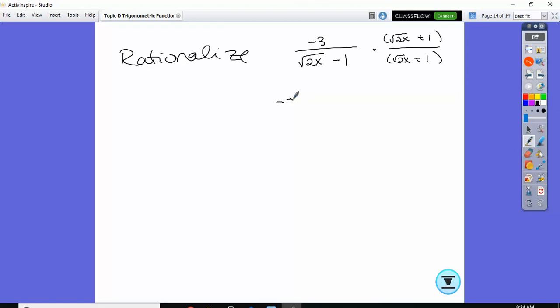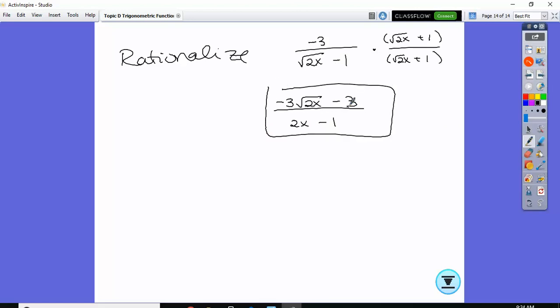You don't have to. I don't really care. So we get -3 radical 2x minus 3. On the bottom, if we FOIL, we get square root of 2x squared, so that radical drops. Minus 1. Is that okay?